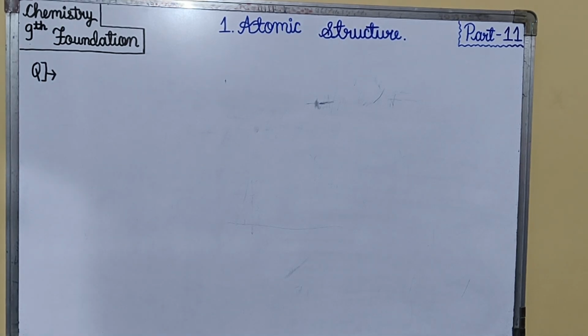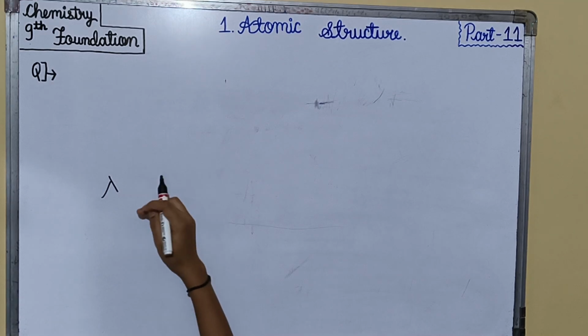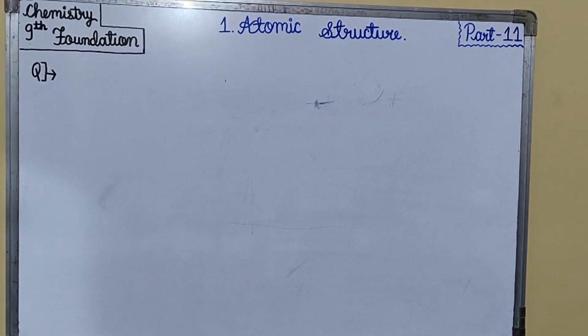I'll say the question. Wavelength of electromagnetic radiation is lambda. Then energy of a photon contained in it is option number A, hc upon lambda. Option number B, h lambda upon c.